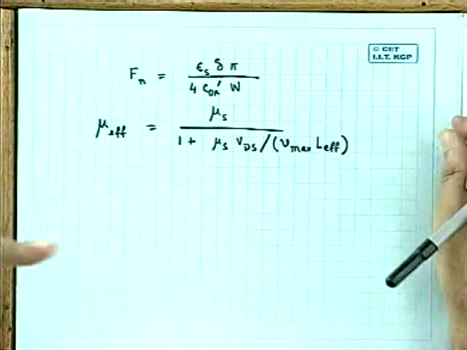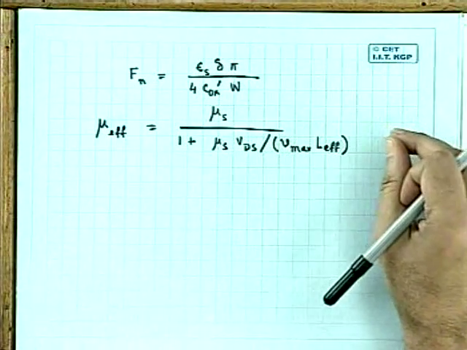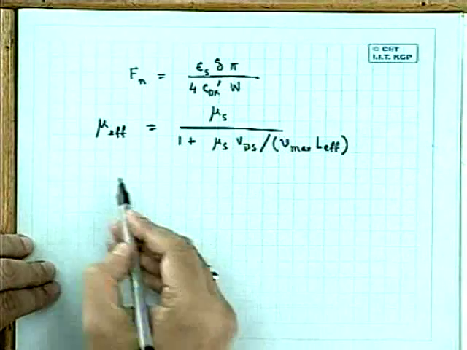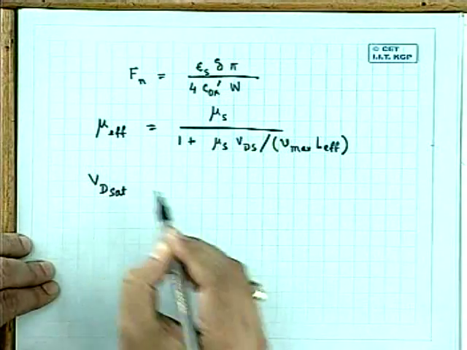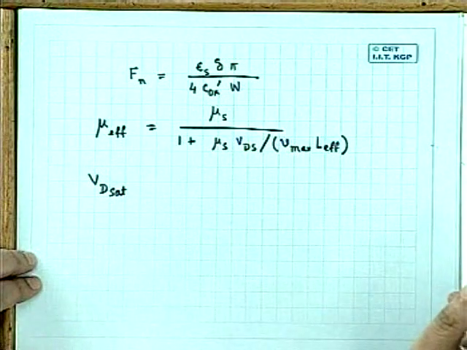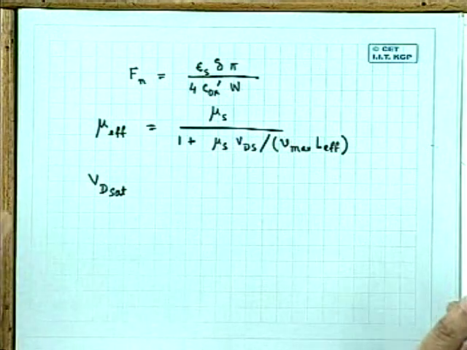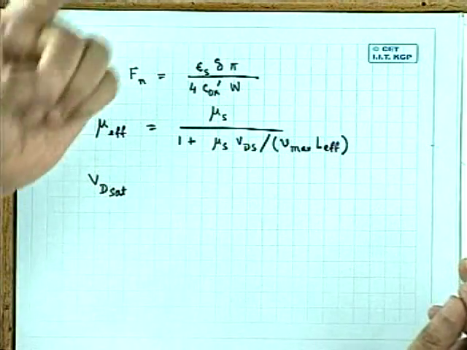The mobility will depend both on the vertical field and on the lateral field. Ultimately, therefore, in the current equation where mu is there, it is now replaced by mu effective, which is given by this formula. Everything is known. Now, VD sat calculation is not done in that complicated fashion here, because it is from VD sat only that you can calculate ID sat.